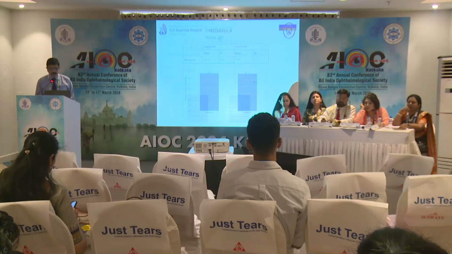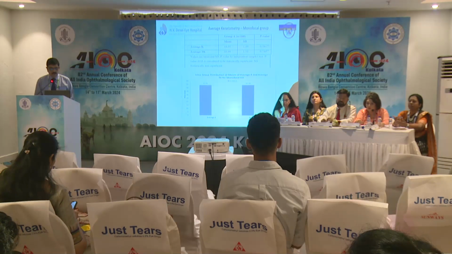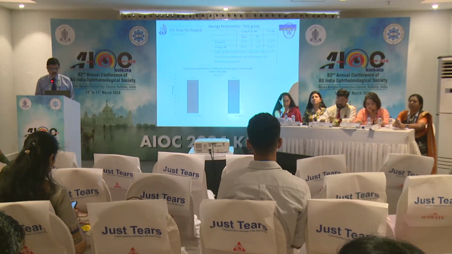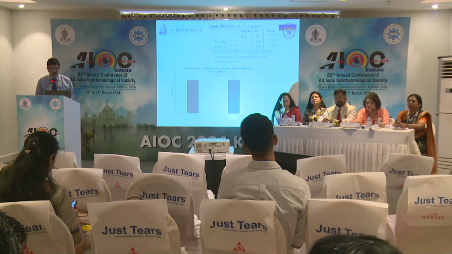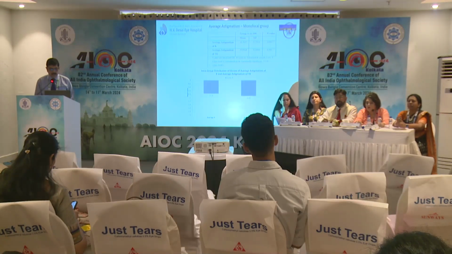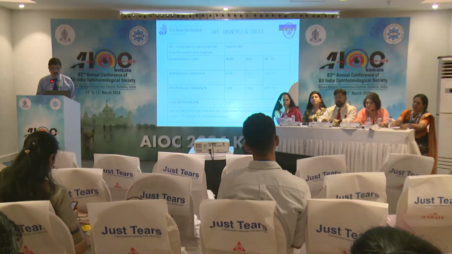So we had 100 patients in both the groups, average age of 68, 40% females. We measured the average K for the monofocal group as well as the toric group, and we did not find a statistically significant difference between the two. For average astigmatism in the monofocal and toric groups, we found a statistical significance between the two.